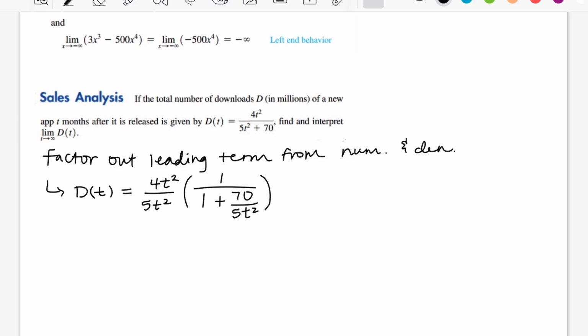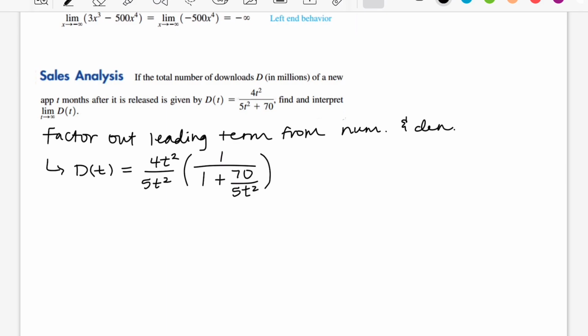All right. Then we can simplify this a little bit. We have t squared in the numerator and the denominator here, so those will cancel. And now let's take the limit of our d of t as t goes to infinity.